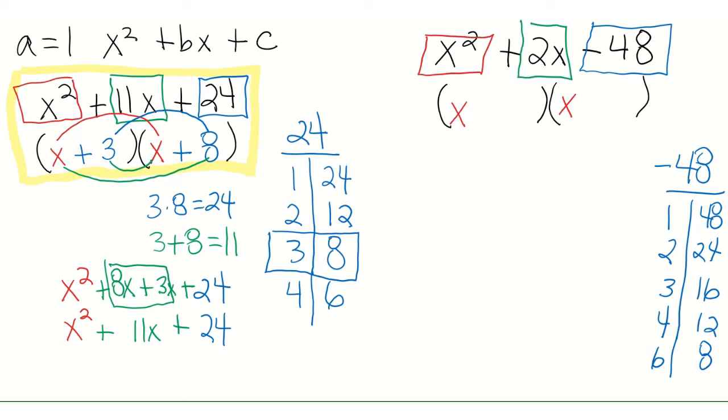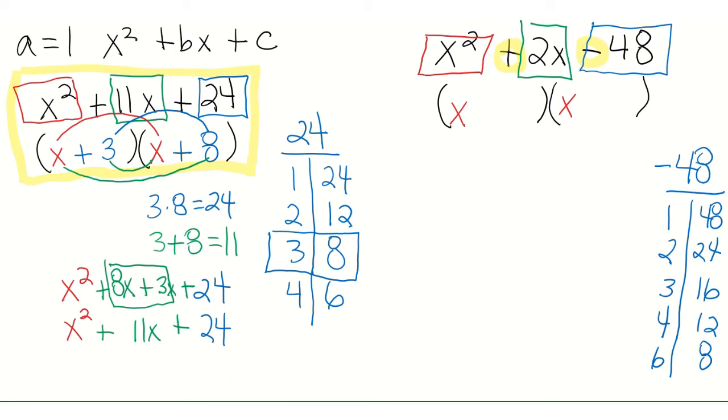Now you'll notice that because I have a plus and a negative, that means that when I'm looking at these factors, one of those is going to be negative and one of those is going to be positive. Now because I have a positive in my b, that means that that positive number is going to be bigger than the negative.